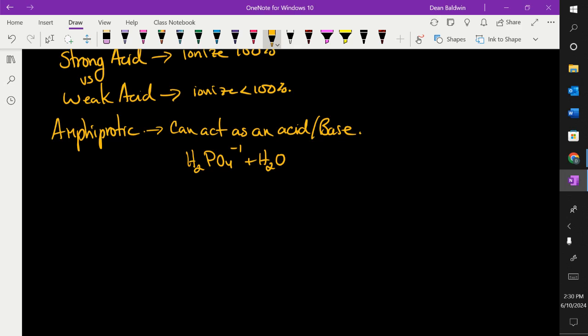So H2PO4 minus 1, if it acts as an acid, it'll donate a proton, and you'll get HPO4 2 minus plus H3O plus. That's it acting as an acid. If it acts as a base, it will accept a proton.